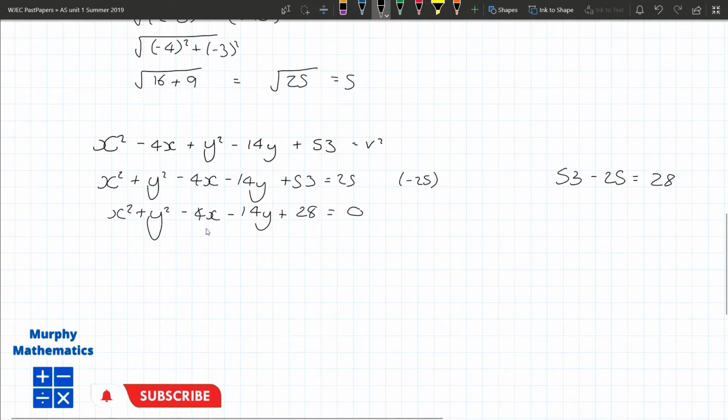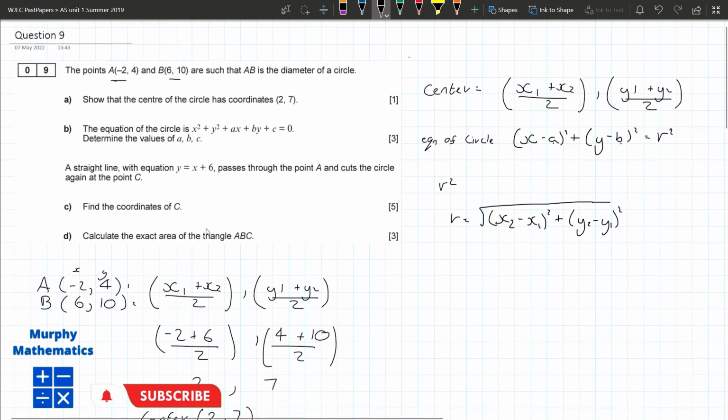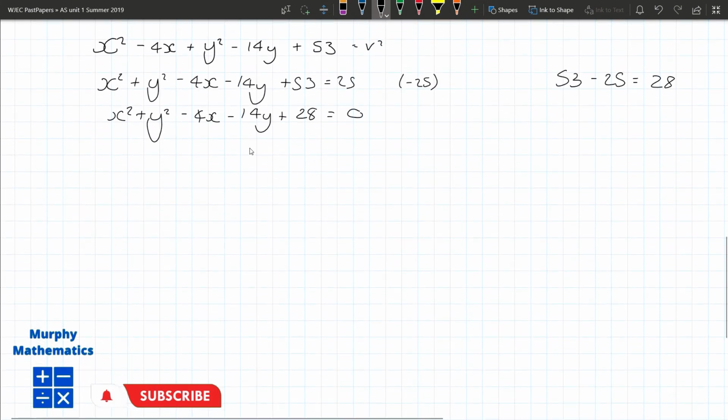So I now have a, b, c: a equals minus 4, b equals minus 14, and c equals 28.